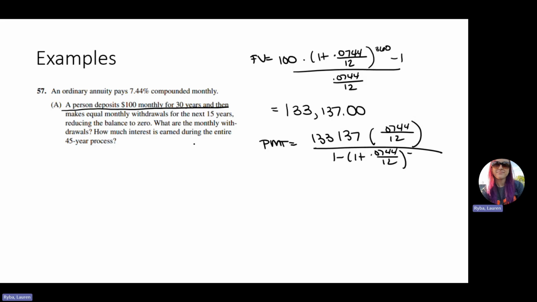Let's think this through. 12 times a year times 15 years is 180.